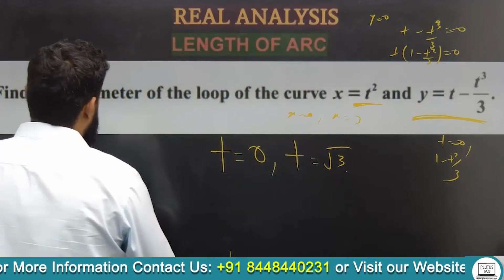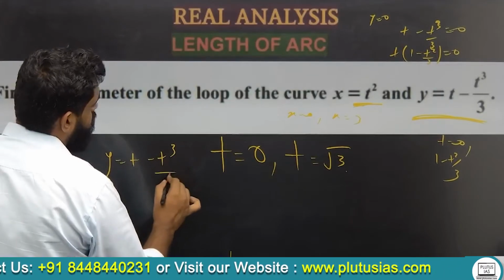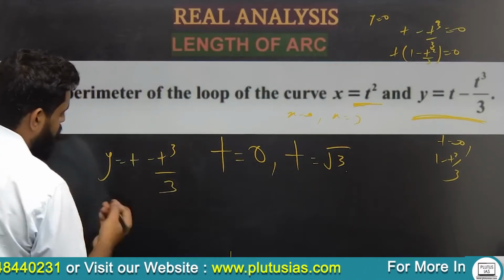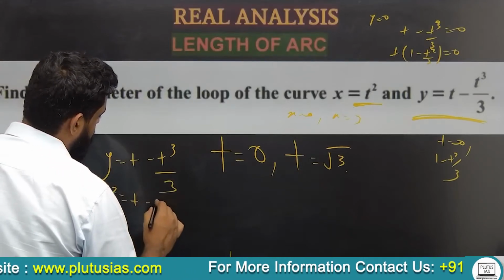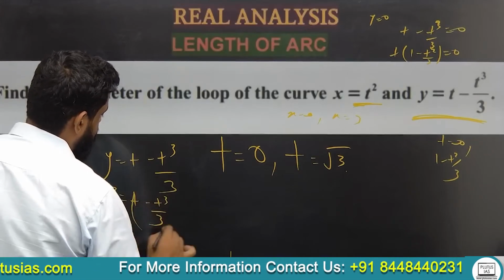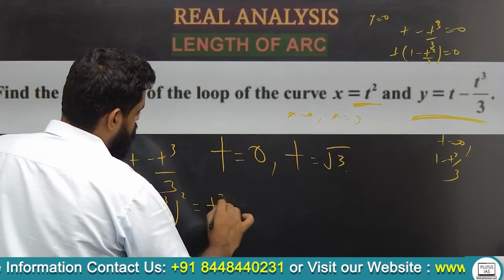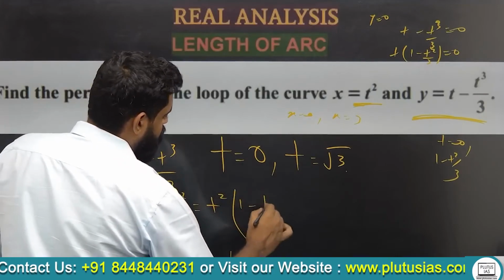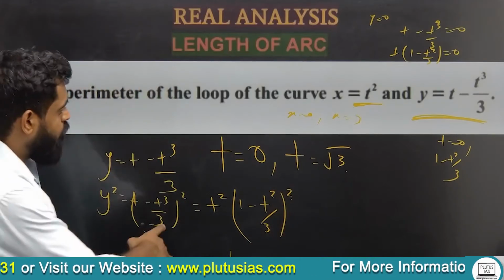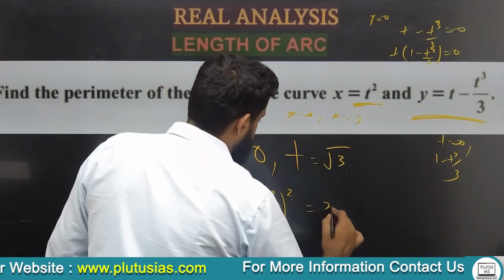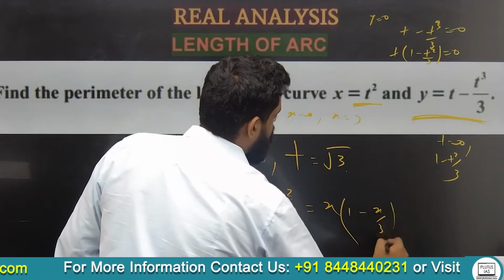Another thing I can do is, y is equal to t minus t cube upon 3. What if I square this? This is y square, taking t common, we get t square times (1 minus t square upon 3) whole square. For t square we can write x, so this is y square equal to x times (1 minus x upon 3) whole square.